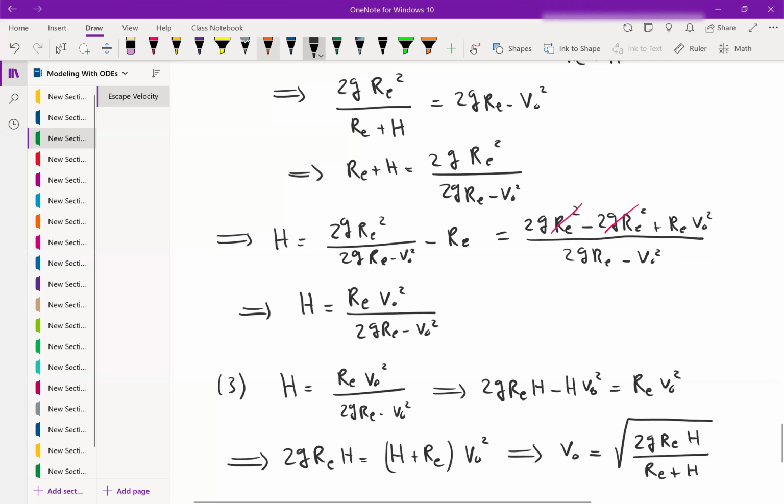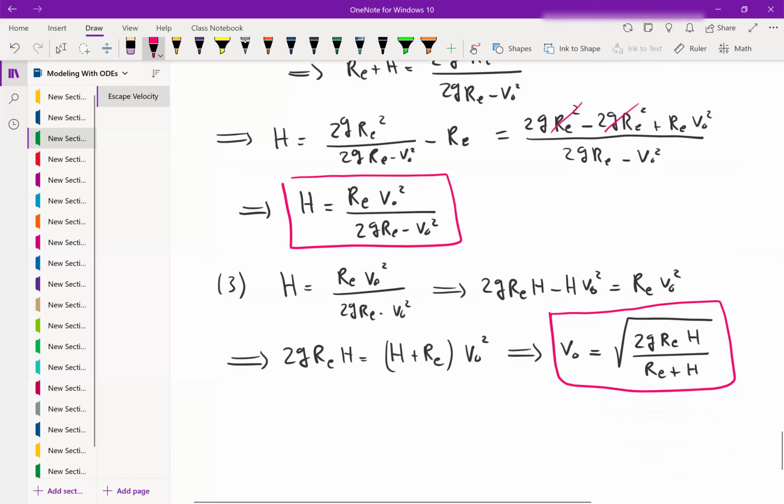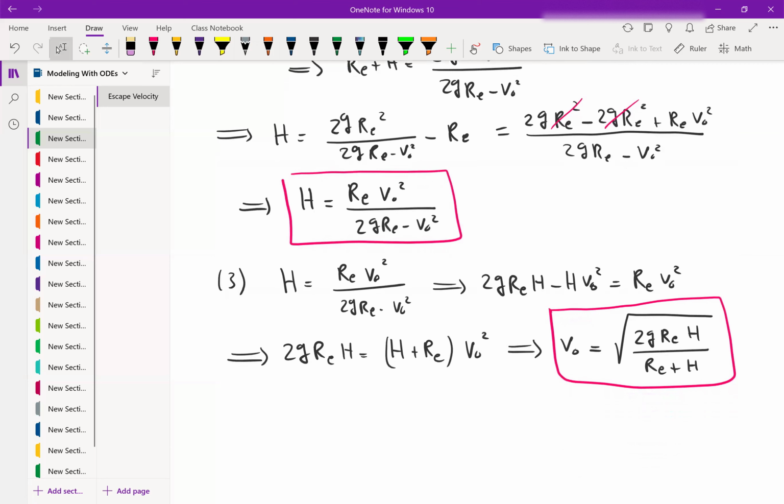So now we have it both ways. I have H, the maximum altitude, in terms of V0, and now I have V0 in terms of the maximum altitude H. If you want the maximum altitude to be H, the corresponding V0 is obtained by this formula. And of course, now in this part of the exercise, I want the maximum altitude to be infinity, in a sense.